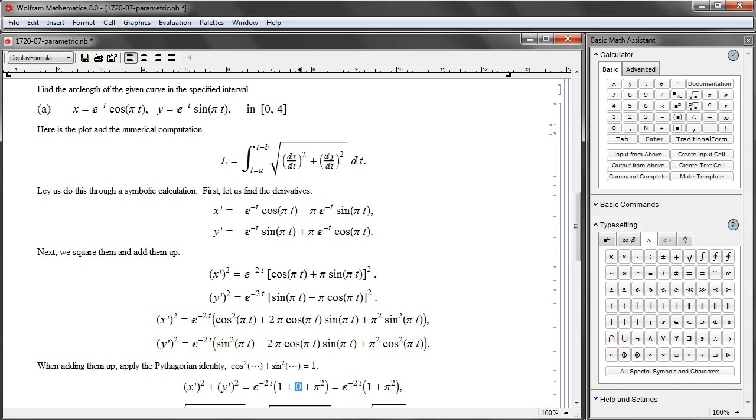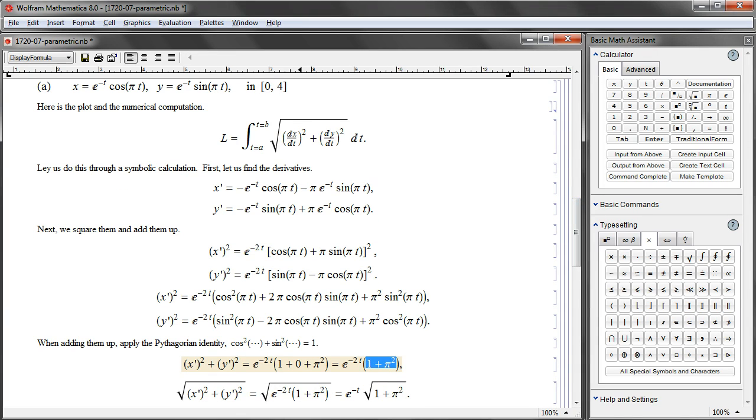Add them up, we have 0. Third term, pi squared times sine squared plus pi squared times cosine squared. Factoring pi squared out, sine squared plus cosine squared, that's 1. So we have pi squared times 1. After simplification, what do we get? Exponential negative 2t power times 1 plus pi squared. This 1 plus pi squared is constant.